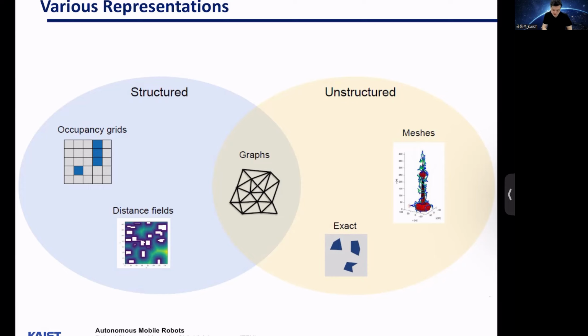Unstructured ones include exact unstructured representations, such as meshes. Interestingly, a graph falls somewhere between structured and unstructured, because, I will talk more about this, a graph consists of nodes and edges.